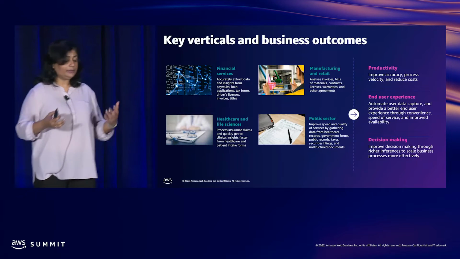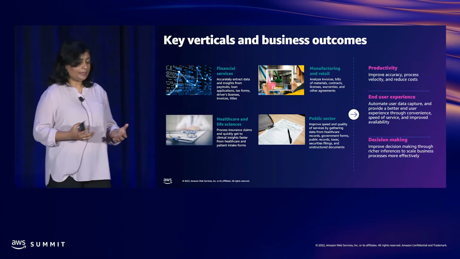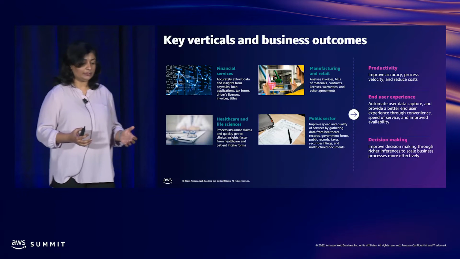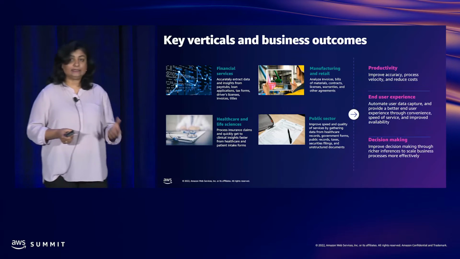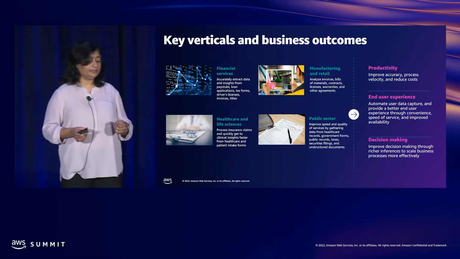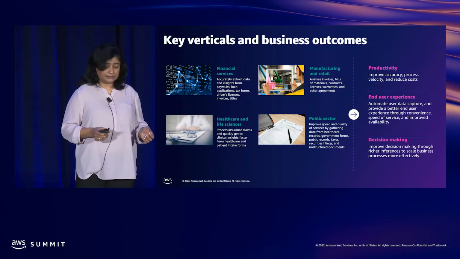And it's improving the user experience through the speed of the service and improved availability of the service. It's there, it's AWS, it gives you that backing. And then finally, decision-making. It improves the decision-making through richer interfaces and scales your business processes much more efficiently.